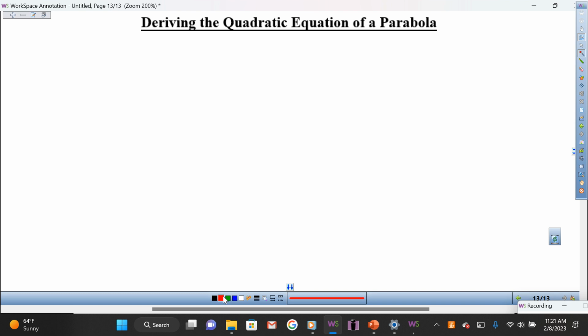Deriving the quadratic equation of a parabola. So in order to create a parabola, we're going to start from the graph. What do we need to create a parabola before we get to the equation? What do I start with? Tell your neighbor, what would we start with to create a parabola first? Yeah, a focus. So place a point and label it focus.